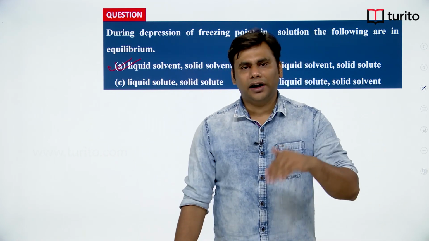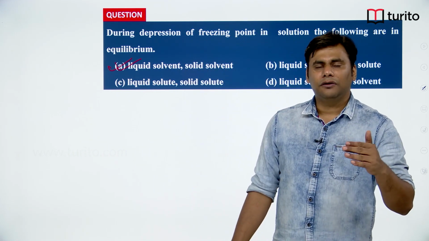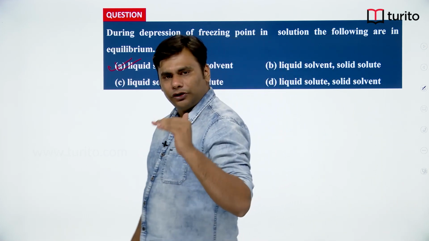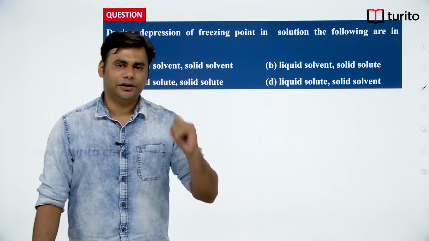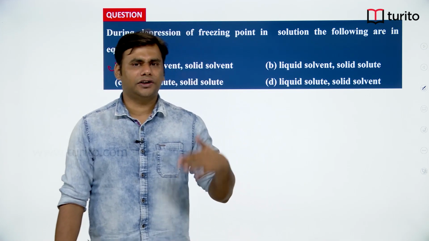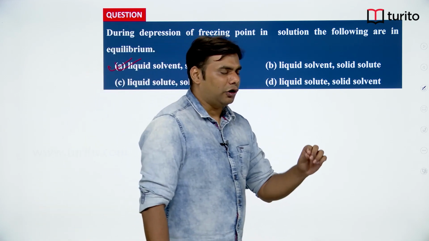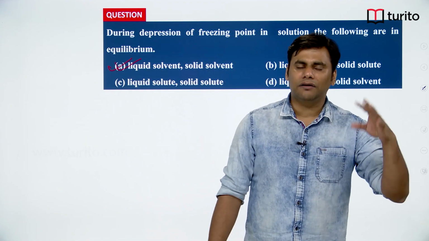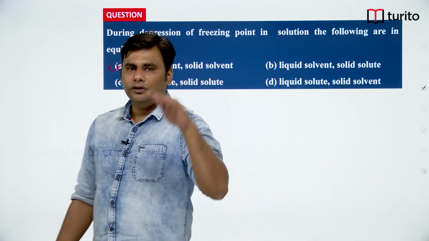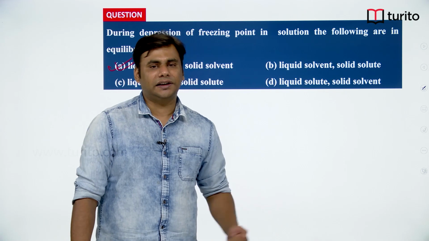So we know that when you add a non-volatile solute, the freezing point would depress. So basically the freezing point of water would depress. Suppose the temperature was 0 degrees Celsius, at which it was ice, or say the temperature was minus 1 degree Celsius. So the water was ice at that temperature. Now when you have added salt over it, we know that the freezing point of it would decrease. Suppose the freezing point went to say minus 3 degrees Celsius.